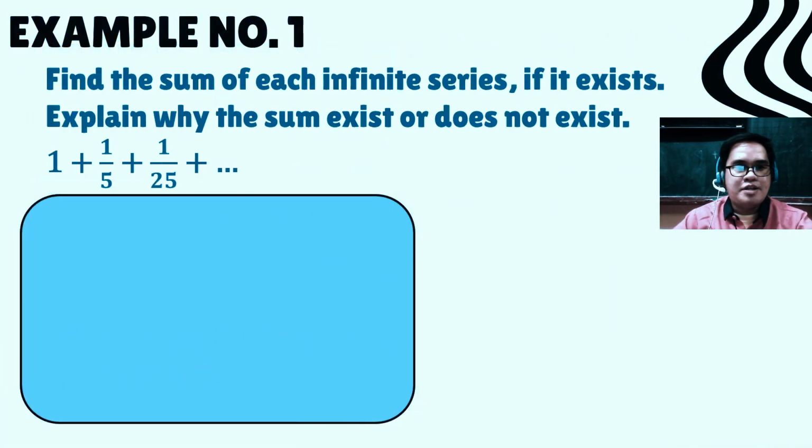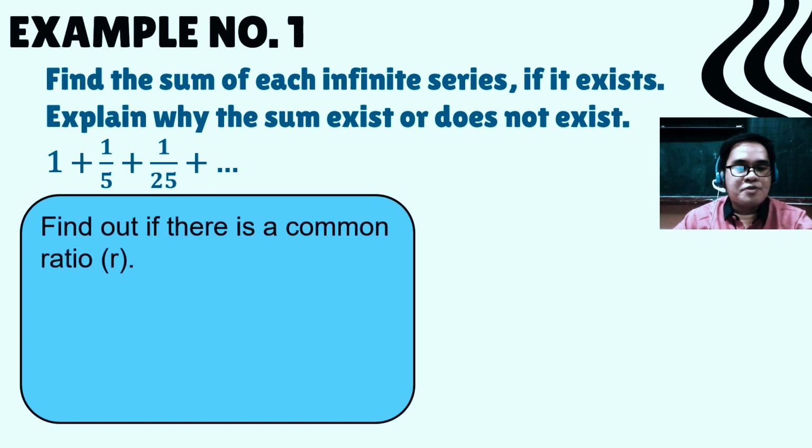Example number 1. Find the sum of each infinite series if it exists. Explain why the sum exists or does not exist. So the given geometric sequence is 1 plus 1 over 5 plus 1 over 25 plus so on. To find out the common ratio, we are going to use this process.